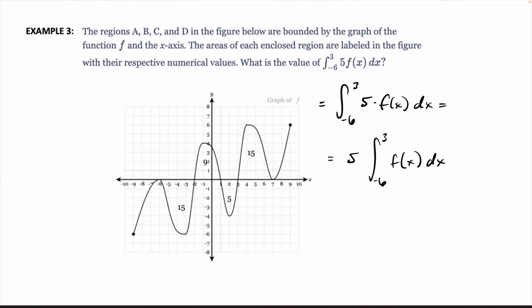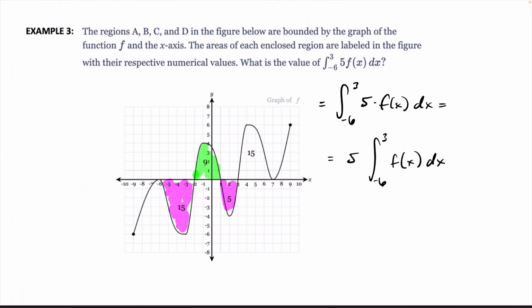So I don't need to change that. Good. So we're going to look at the graph from -6 to +3. Well, -6 is going to be this area here. Let's see. This area here, this area here, and this area here.